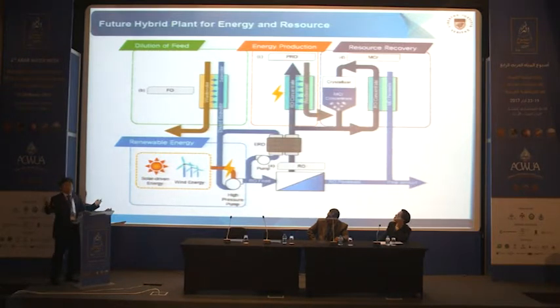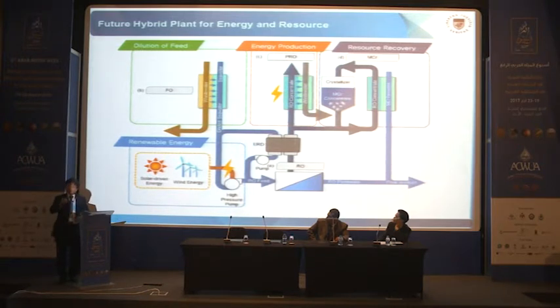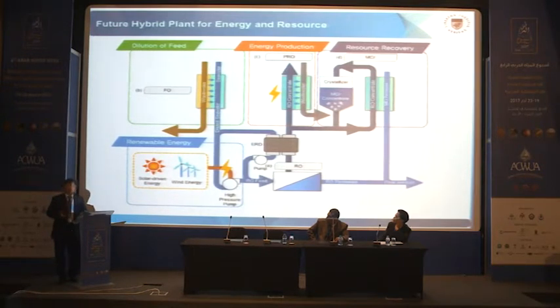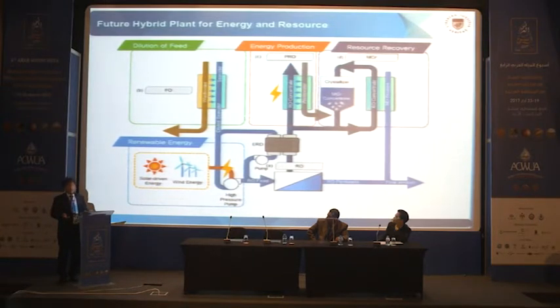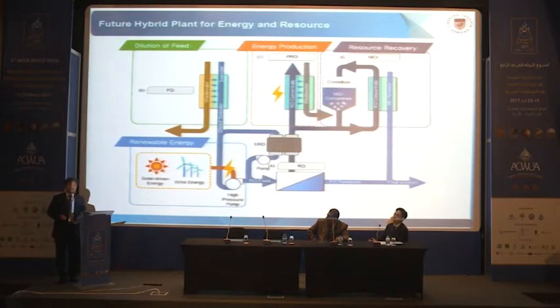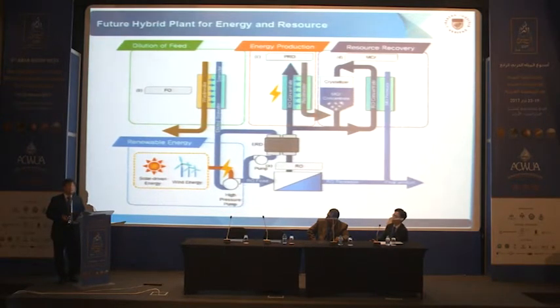Here's a summary of what we are doing for the future. Number one, by adopting forward osmosis membranes, we can dilute seawater so that we can reduce energy consumption. We talked about PRO a lot, so PRO can generate energy from RO brine. And from RO brine, we can also recover some precious metals or resources.